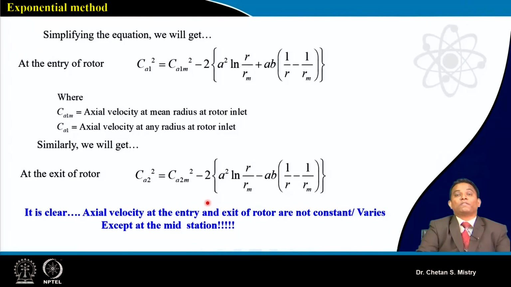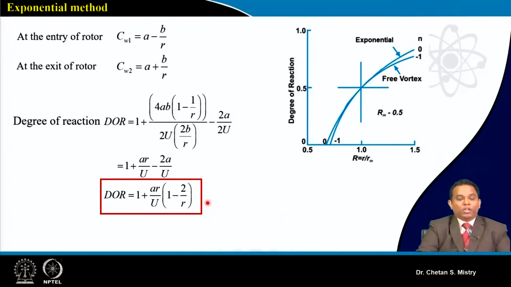Now the immediate question will come, what is happening with my degree of reaction? From my fundamental equation, I can write down my Cw1 and Cw2, and if I put these Cw1 and Cw2 into the degree of reaction equation, it says my degree of reaction is varying with my radius.